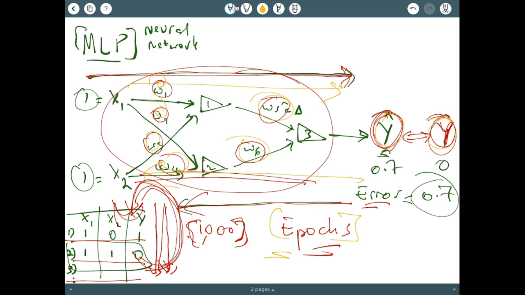At that point, we call the network trained, so that hopefully when it sees some new data that it hasn't seen before, that's produced by the same process, it's producing output that's very close to the actual output. At that point, we have a trained network, and then hopefully we can deploy it and use it. And that's our neural network.